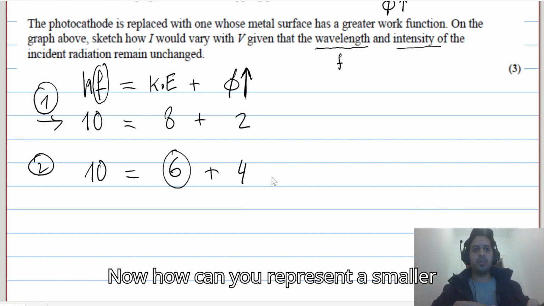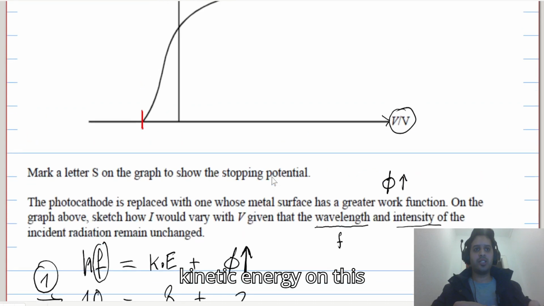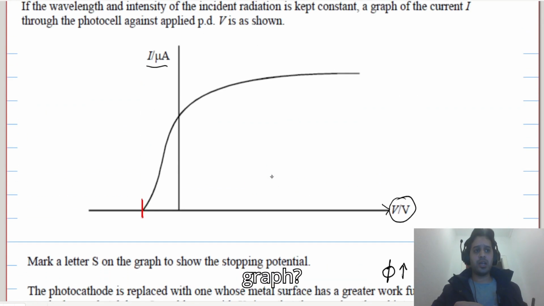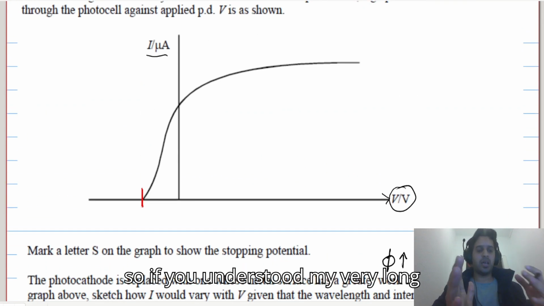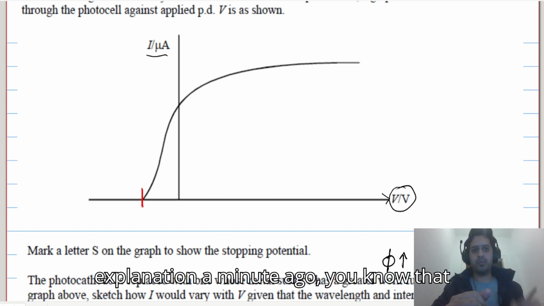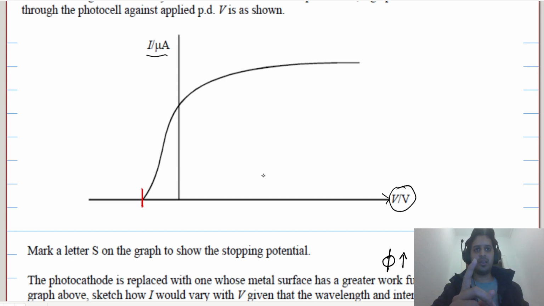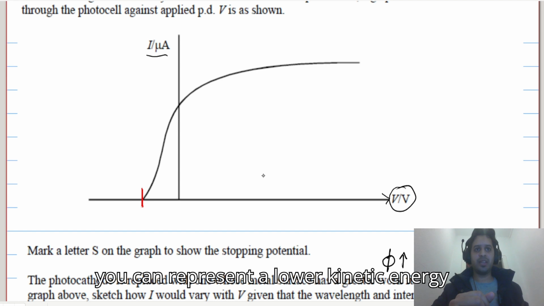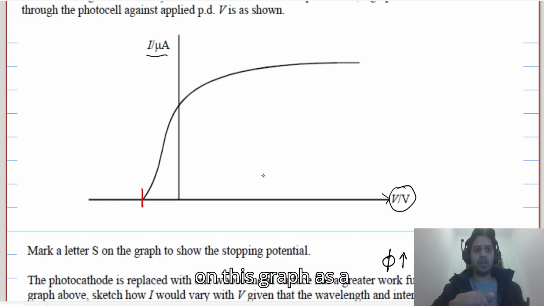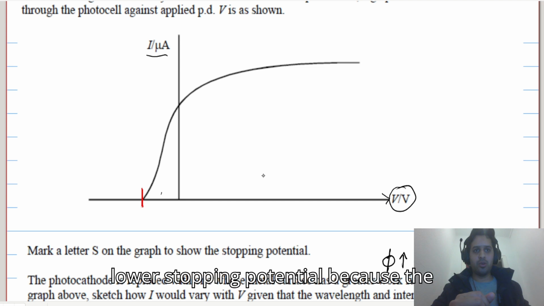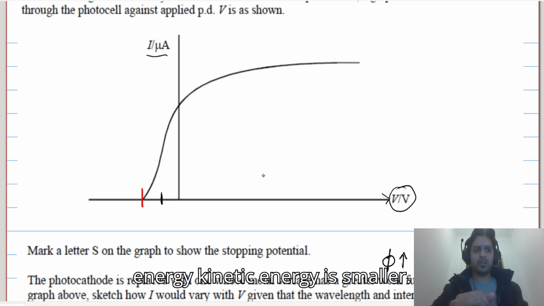Now, how can you represent a smaller kinetic energy on this graph? So if you understood my very long explanation a minute ago, you know that you can represent a lower kinetic energy on this graph as a lower stopping potential, because the kinetic energy is smaller.